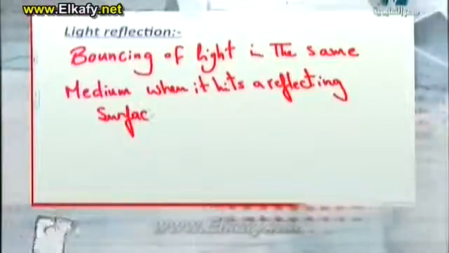When? When it hits a reflecting surface. So here is the definition of light reflection. Number 1, bouncing off, the first condition of light.